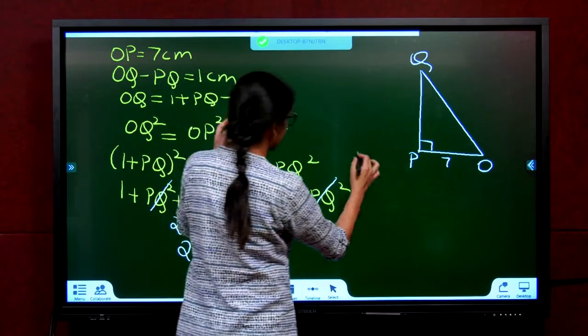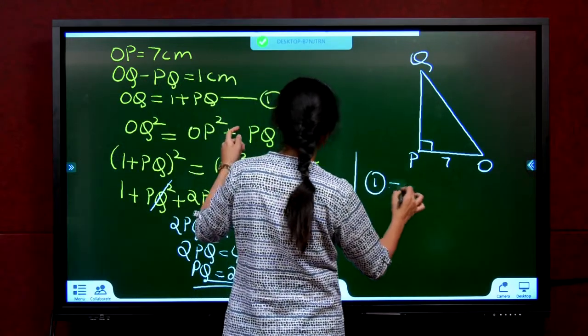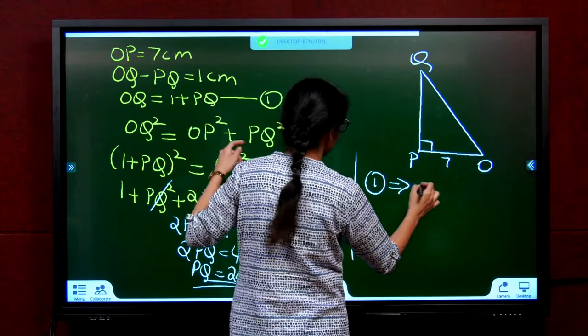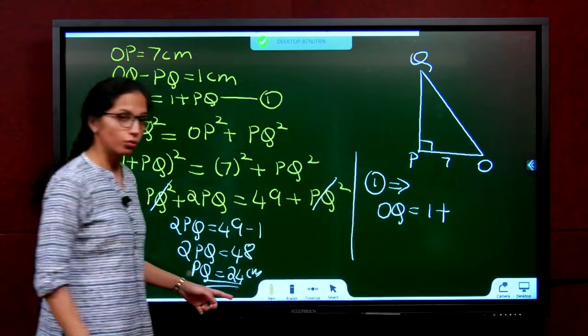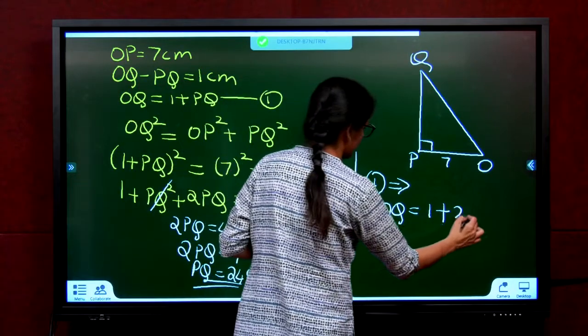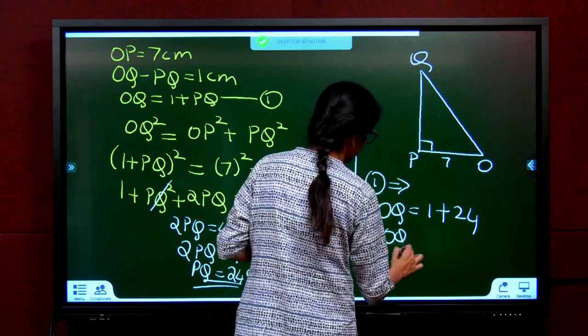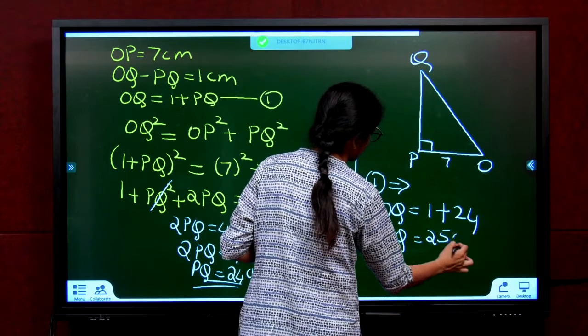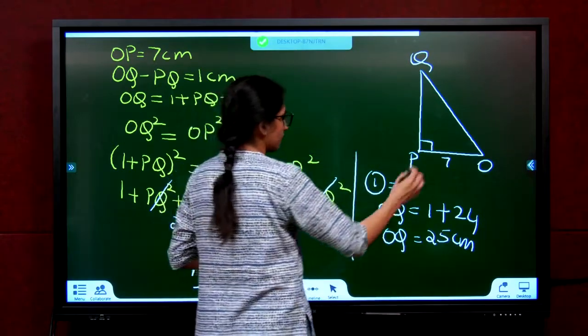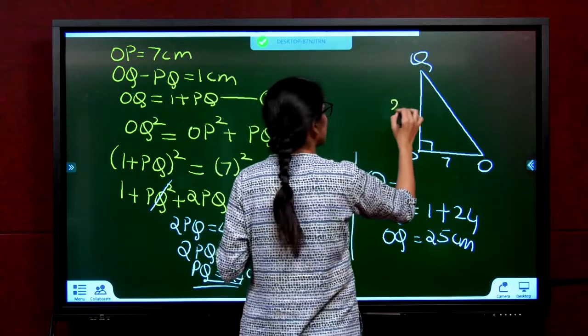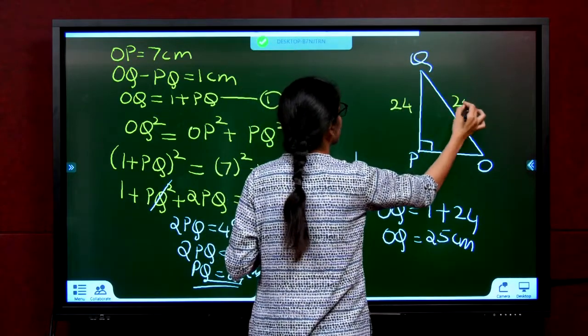In equation 1, I can substitute. In equation 1, if I substitute PQ, OQ becomes 1 plus PQ, 24. OQ becomes 25 centimeters. So observe, PQ we got as 24, OQ we got as 25.